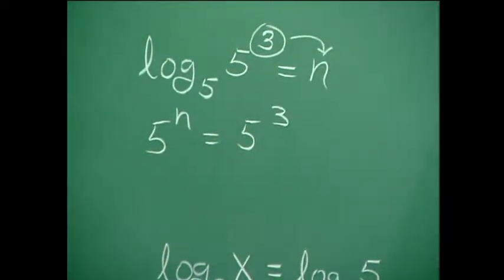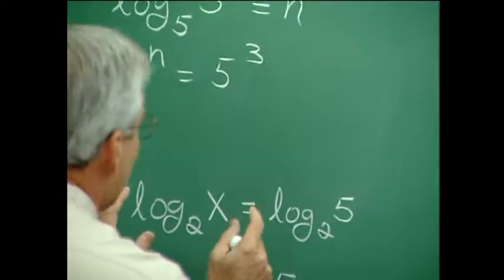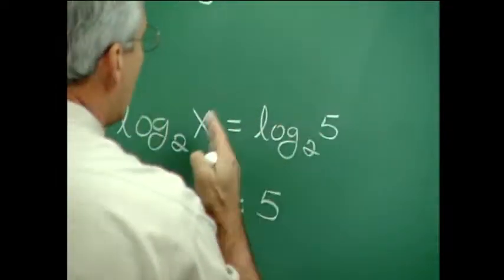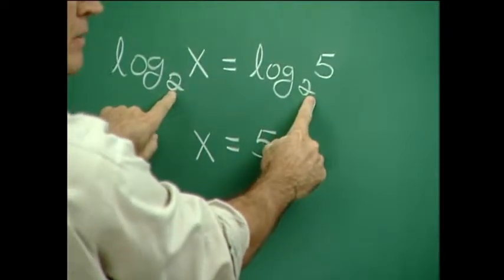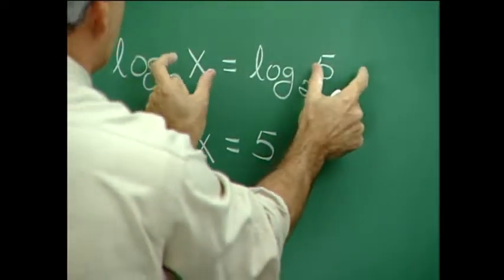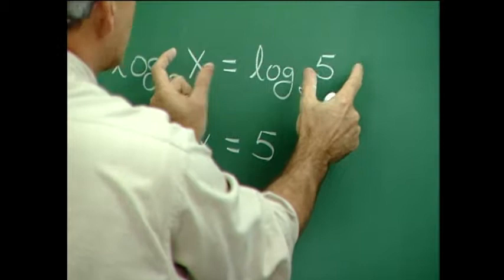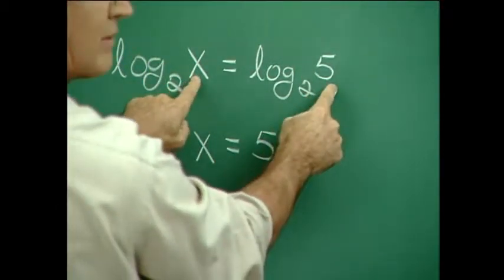Here's another situation that occurs from time to time. If we have a single logarithm on both sides of an equation and they have the same base, then we can actually set these numbers equal to one another. It must be the case that x is equal to 5.